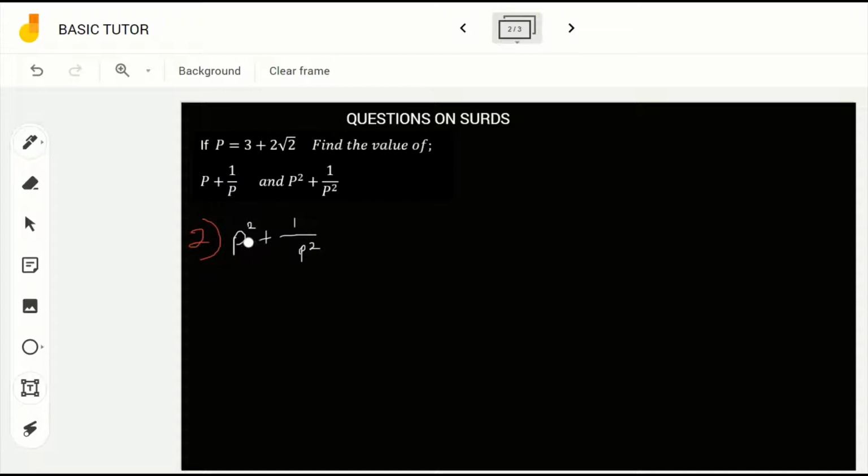Now my p is 3 plus 2 root 2, so we have 3 plus 2 root 2 all squared plus 1 over 3 plus 2 root 2 all squared.